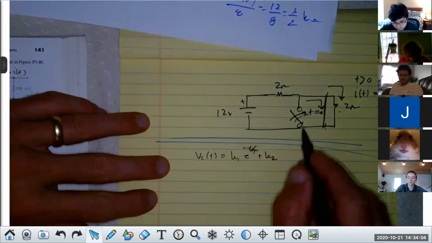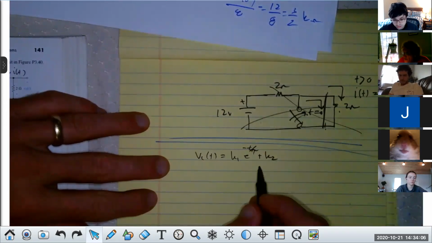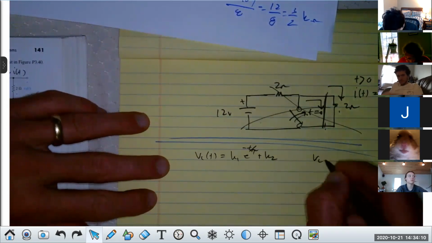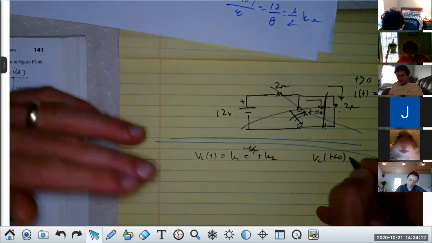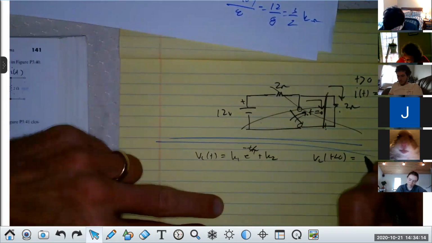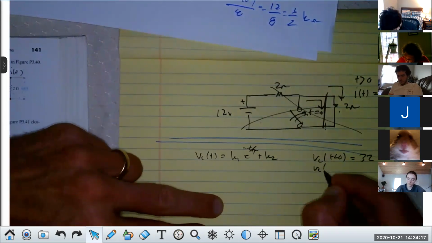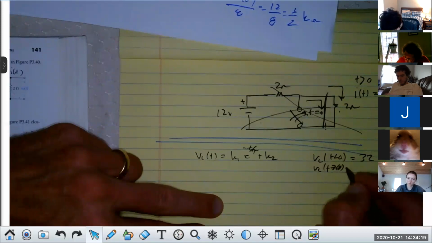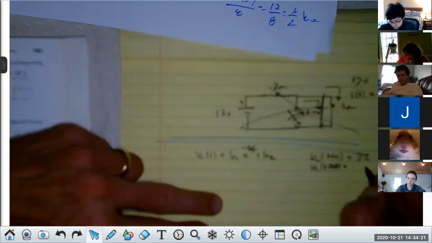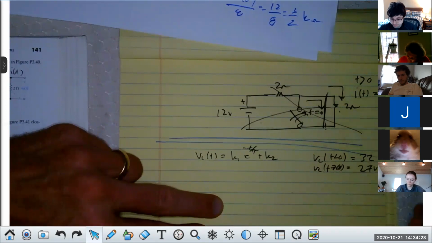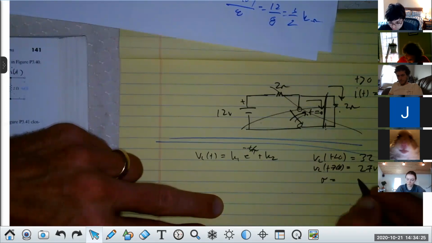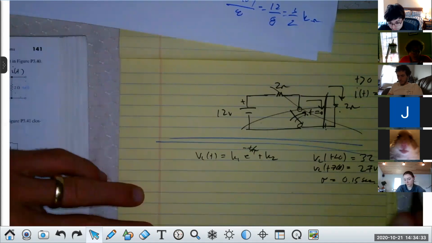You all with me, correct, class? We know VC for T less than 0 was equal to 32 volts. We know VC as T goes to infinity is equal to 27, right? And then we know tau is equal to 0.15 seconds, right? Now we put the whole thing together.